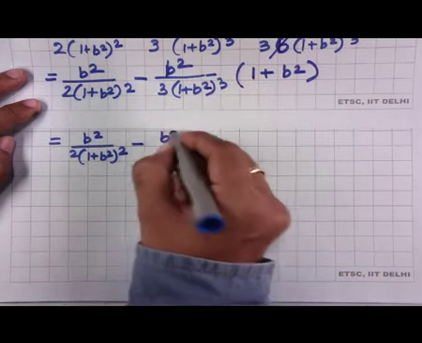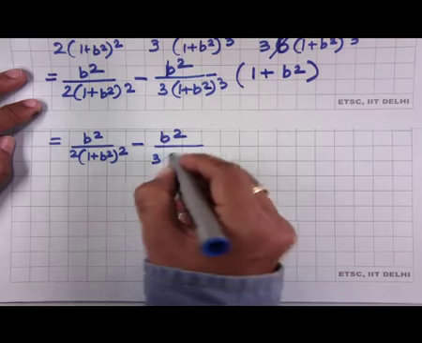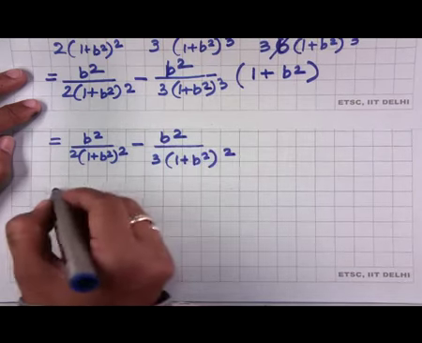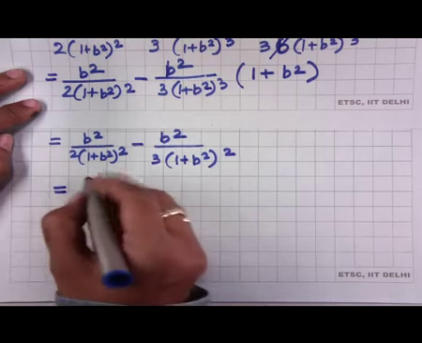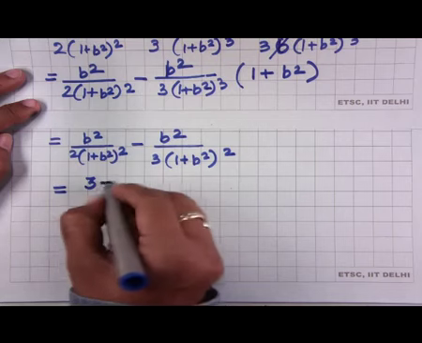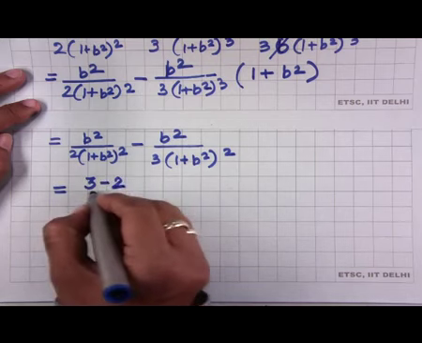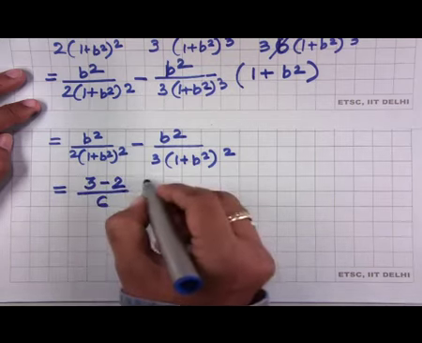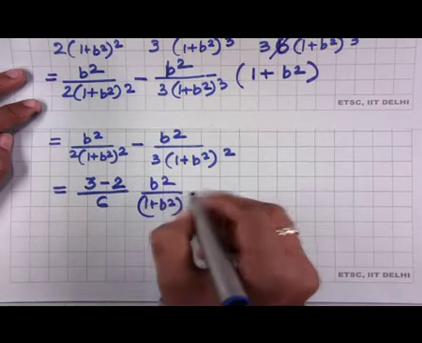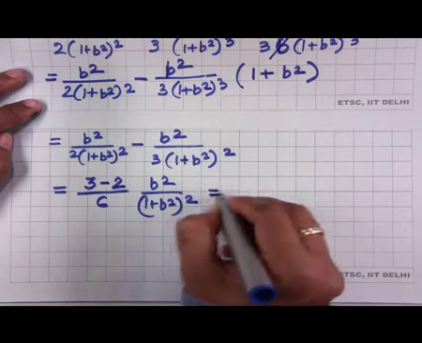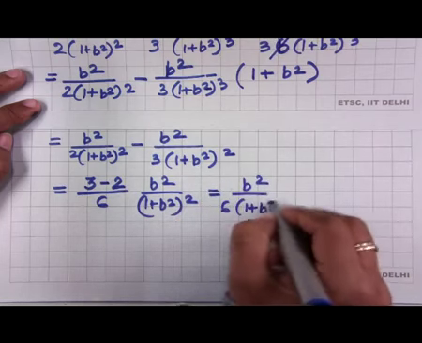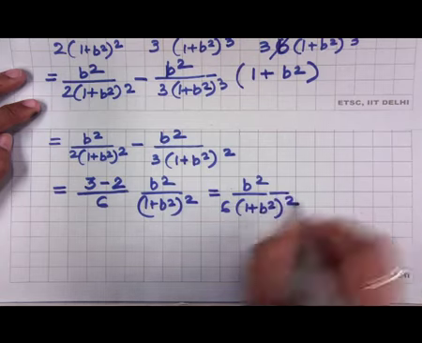So, b square on 3 plus b square square, this is equal to (3 minus 2) by 6 b square upon 1 plus b square square. So, required area is b square by 6 into 1 plus b square whole square.